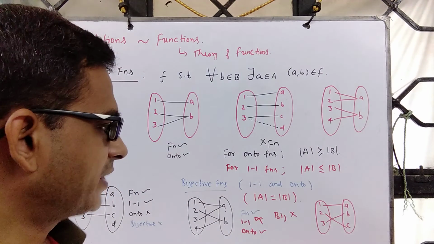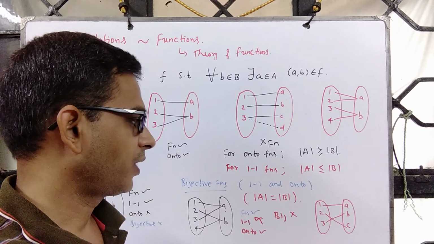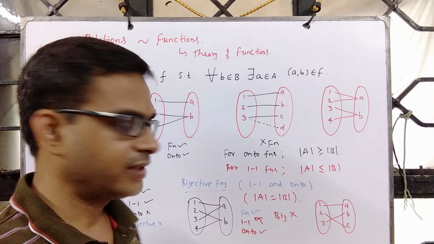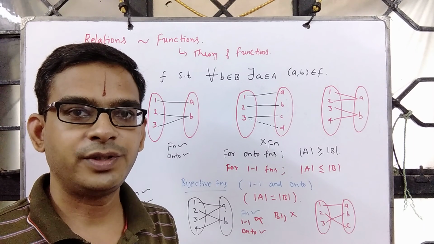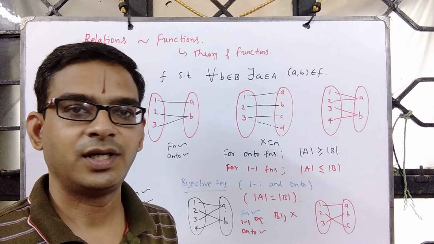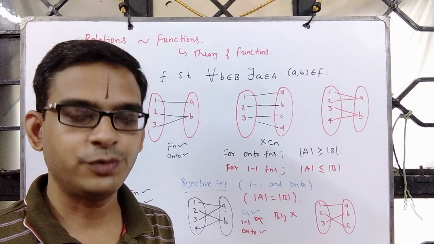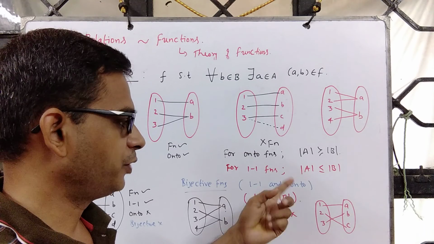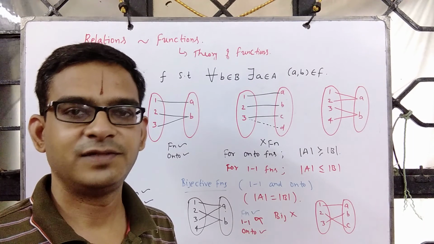Now the interesting question is, how many different bijective functions are there? On similar lines, how many different onto functions are there? We did counting of how to count the number of functions, and we also did a nice counting on how to count the number of one-to-one functions. So let's attempt to count the number of onto functions and the number of bijective functions, which we shall see next.